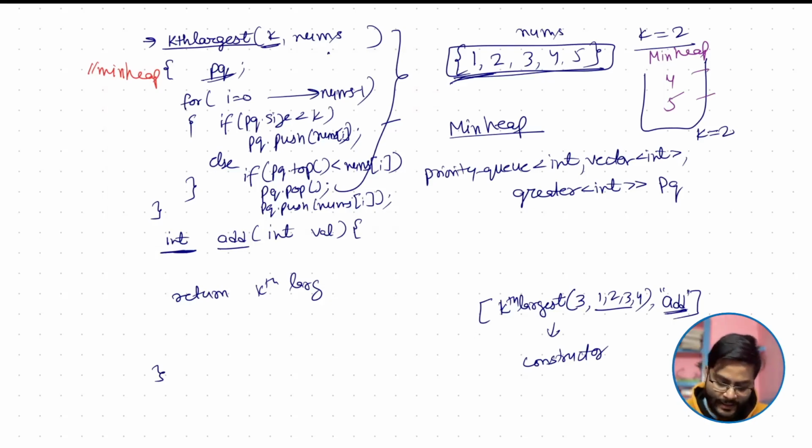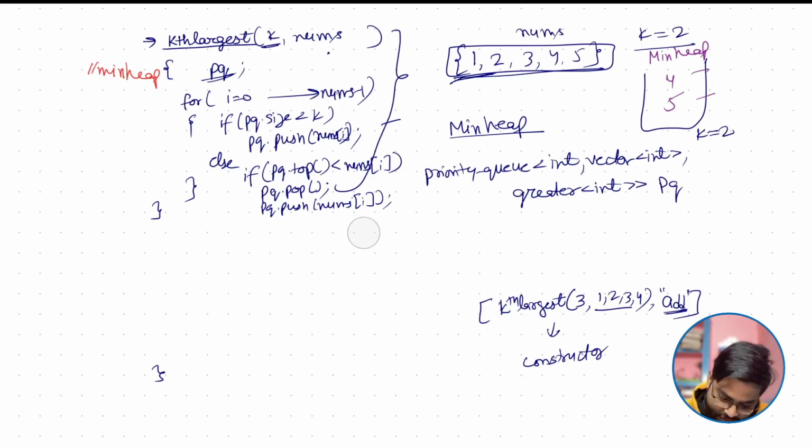Now how we can use that logic in our add function. Let me take the add function outside here. My add function will be int add, it will take some value.